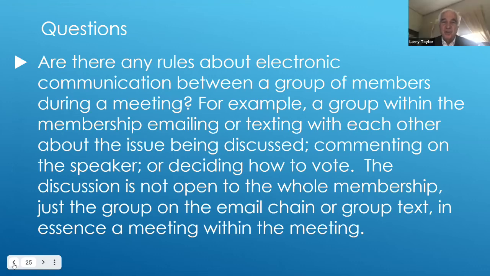So the chair should really rule on this. If the chair feels that the meeting is not being properly attended to, then the chair can say, please, membership should stop texting because you're being disruptive to the meeting or you're not paying attention to the meeting.